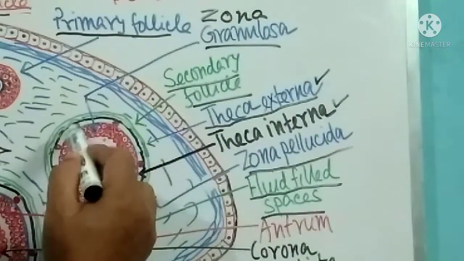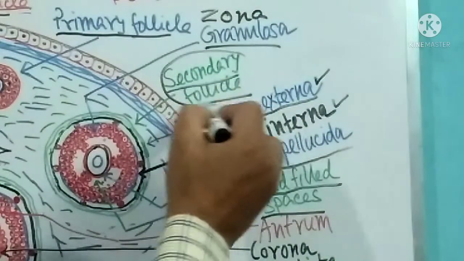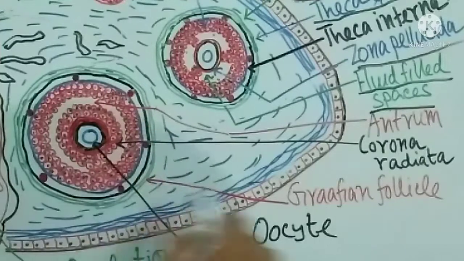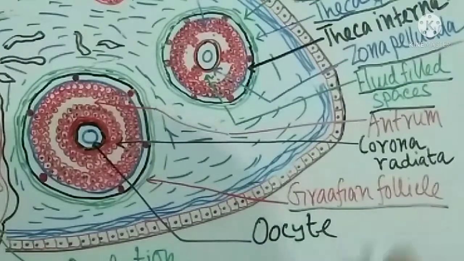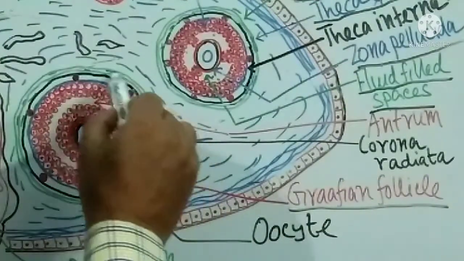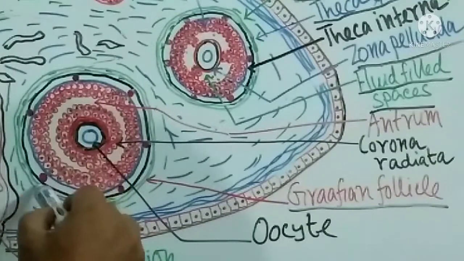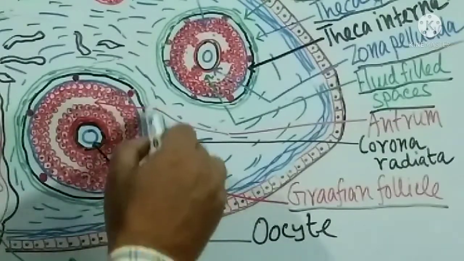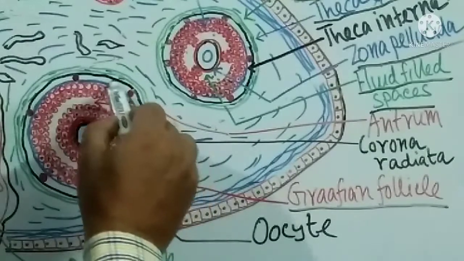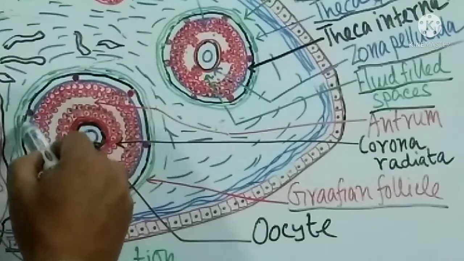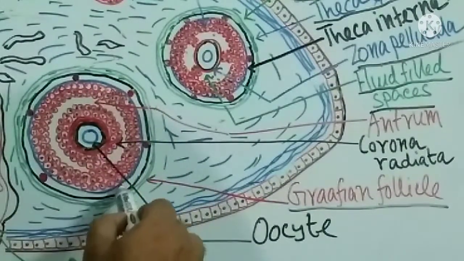So this is secondary follicle. This is Graafian follicle. This layer is theca externa and this layer is theca interna.